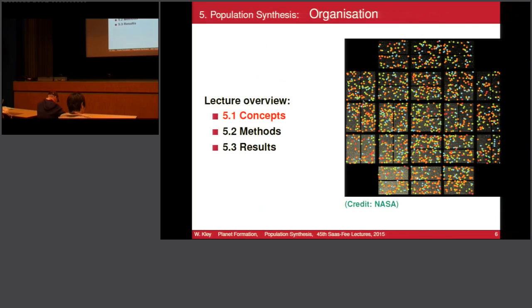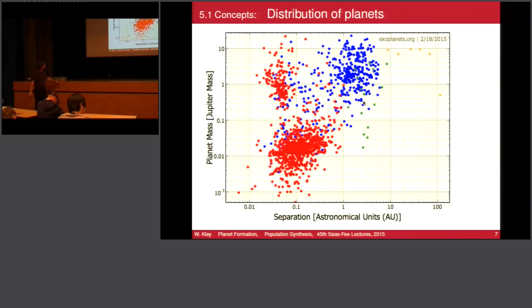And now I come to the real topic here, population synthesis. Okay, this I think is a very difficult word for me, being a German guy. So, distribution of planets. This whole topic is about explaining the statistical distribution of planets. This is different to some other approaches here.